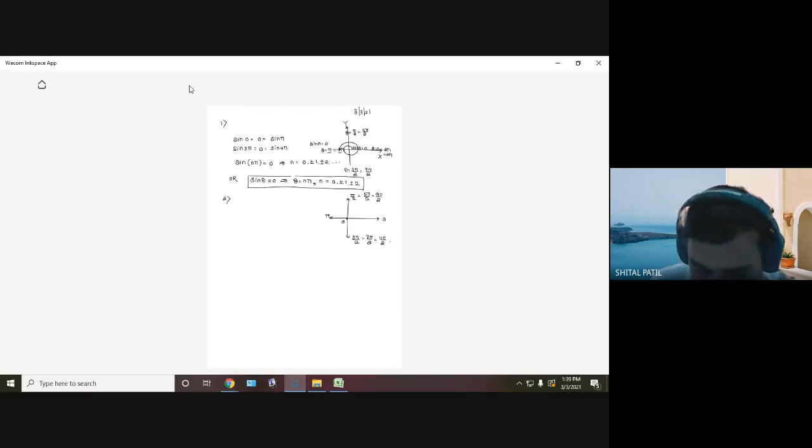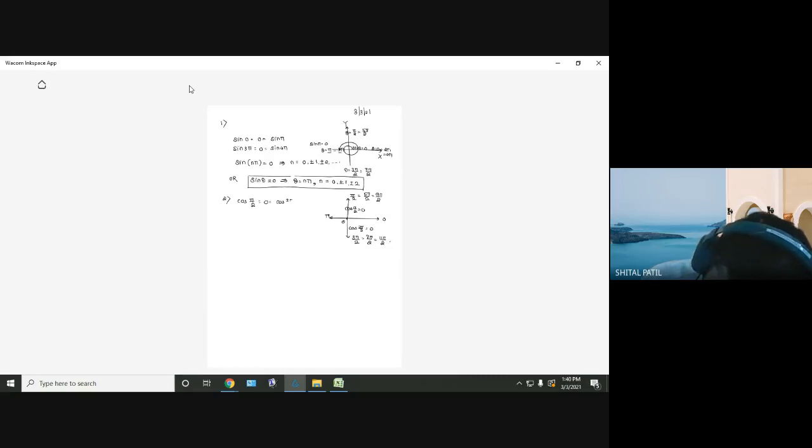And so on. So tell me, what is cos of pi by 2? 0. What about cos of 3 pi by 2? 0 only. Cos of pi by 2 equal to 0 and cos of 3 pi by 2 is also equal to 0.